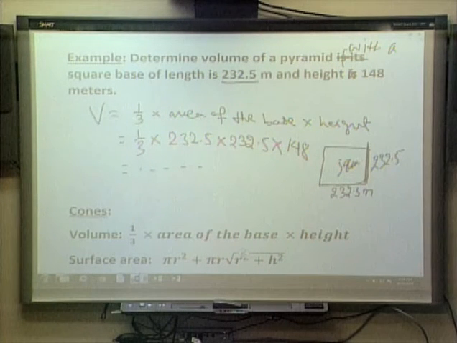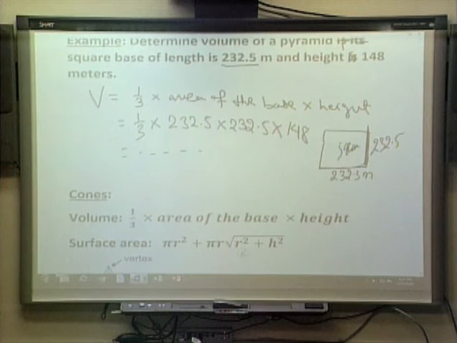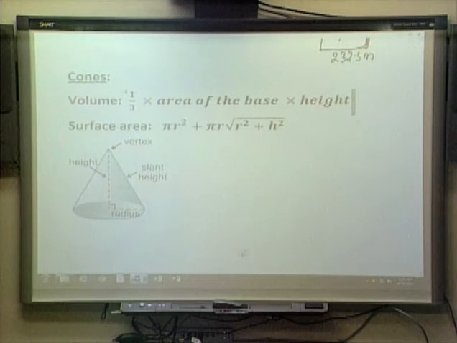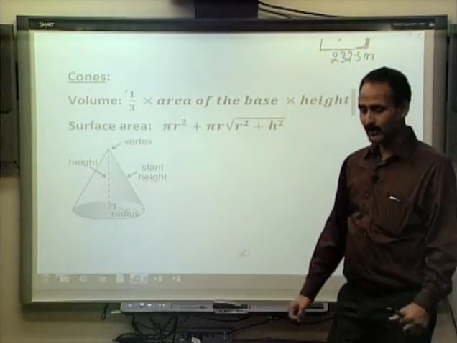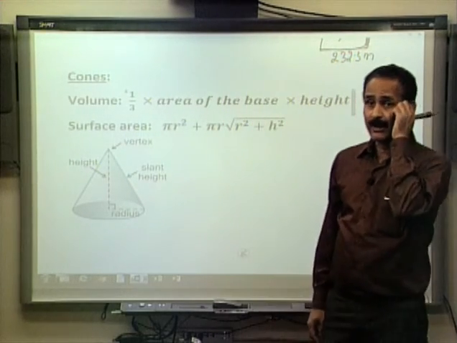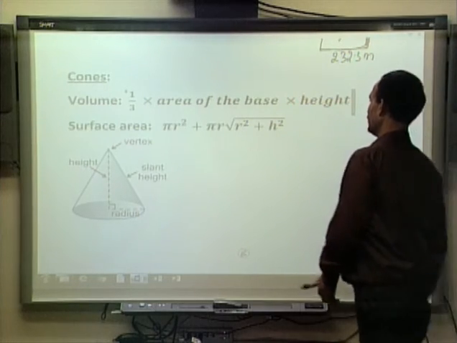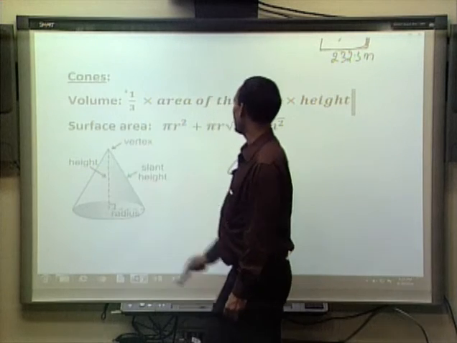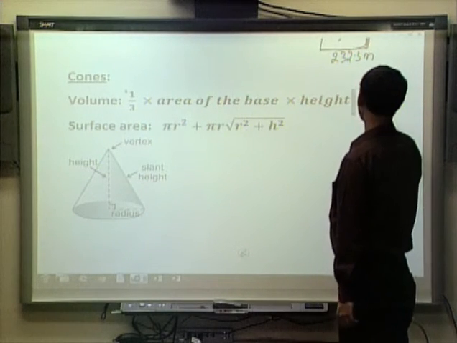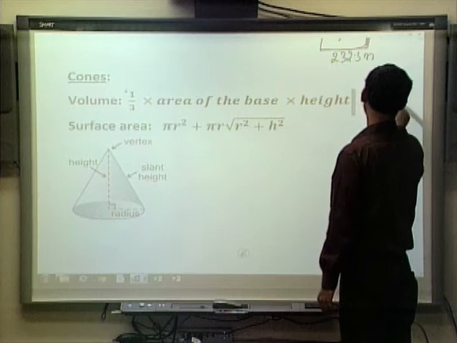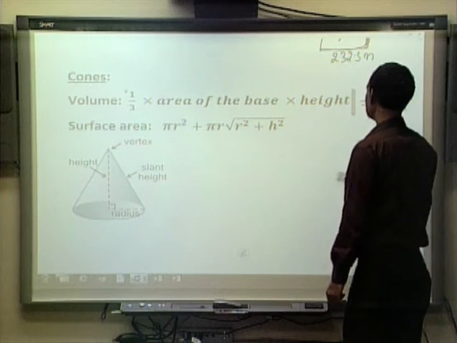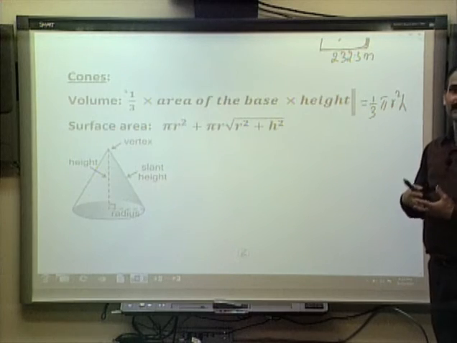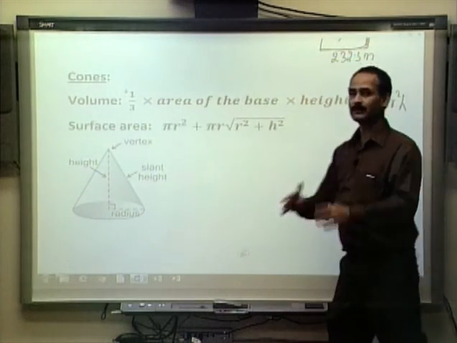Well, we already know that cones are circular counterparts of pyramids. So their volume is given by the same formula: the volume of a cone is 1/3 times the area of the base times the height. This is the cone, the base is circular and this is the height. So we might write this as 1/3 pi r square h, because pi r square is the area of the circular base.